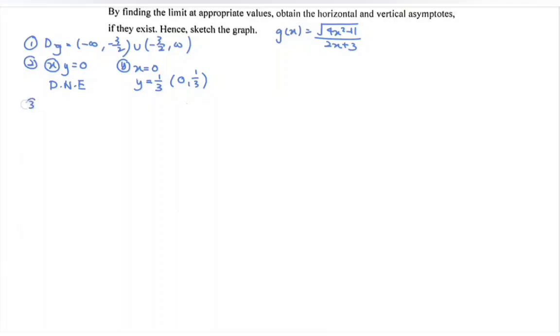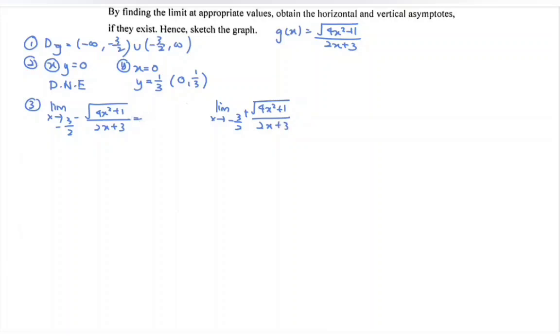Next, step number 3. Limit when x approaches negative 3 over 2 from the left, for the function square root of 4x squared plus 1 over 2x plus 3. And the limit when x approaches negative 3 over 2 from the right, of the square root of 4x squared plus 1 over 2x plus 3.